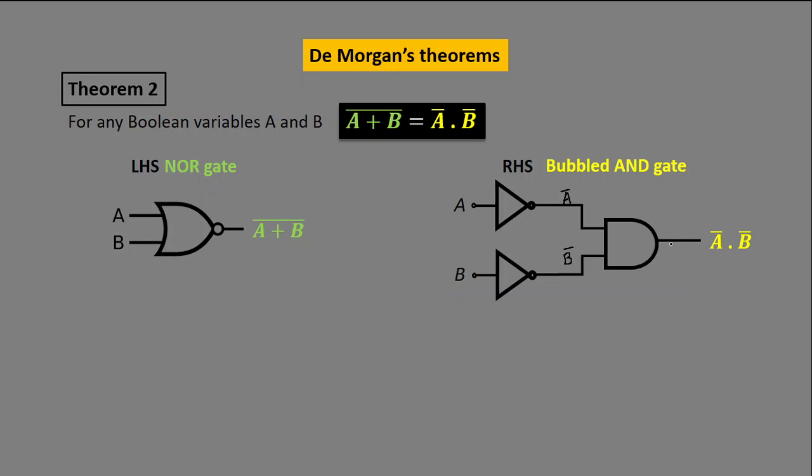The AND gate's property is that a dot is placed between the two inputs, so the dot will be present between the complement of A and the complement of B. The main point here is the bubble, because this NOT gate is present before the AND gate. So this is the AND gate.